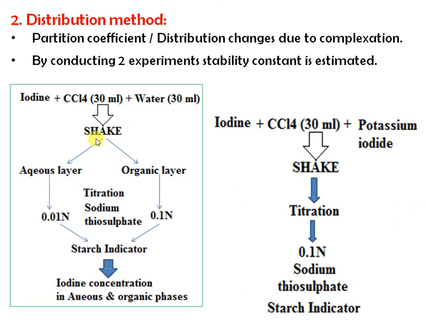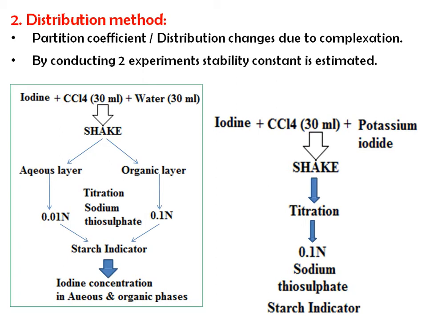you have to separate the aqueous layer and the organic layer and titrate both layers with separate different strengths of sodium thiosulfate. In case of the organic layer you can use 0.1 normal sodium thiosulfate, and in case of the aqueous layer you can use 0.01 normal sodium thiosulfate, and in both cases you can use starch as an indicator.